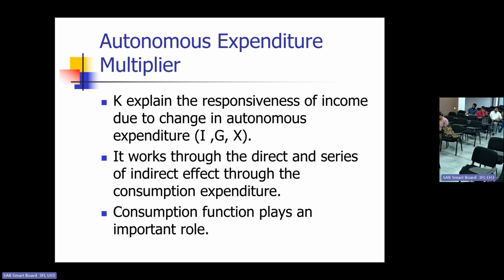Again consumption decreases, and aggregate demand falls. There is a multiplier effect. That explains the direct and indirect effects: the direct effect comes from the change in autonomous expenditure, then there will be a series of indirect effects operating. So that explains the multiplier.